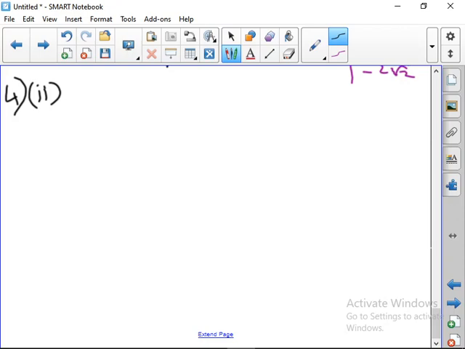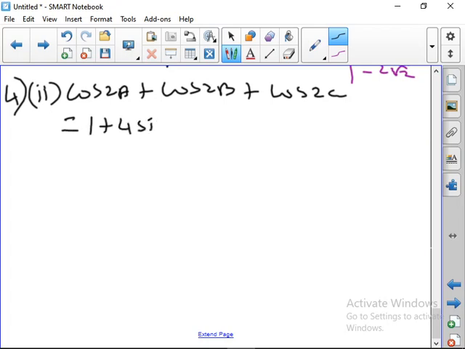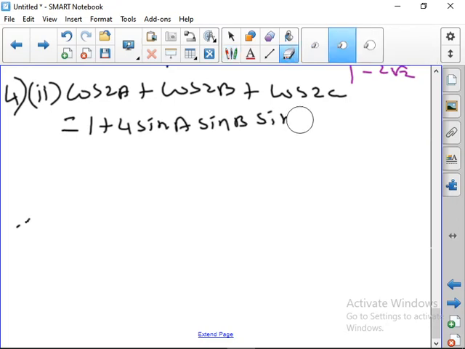This is second one. So what is fourth second one? Cos 2a plus cos 2b plus cos 2c is equal to 1 plus 4 sin a sin b sin c, we have to prove.